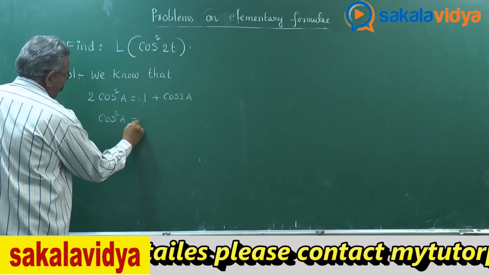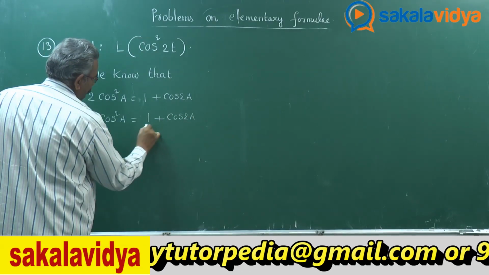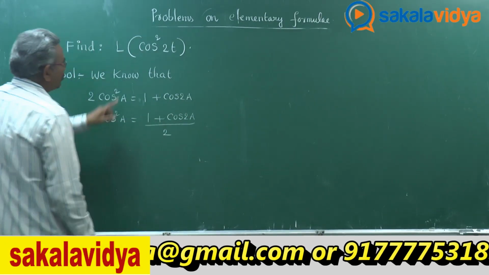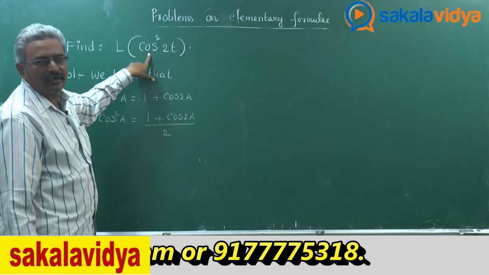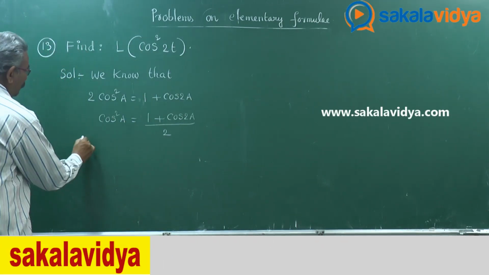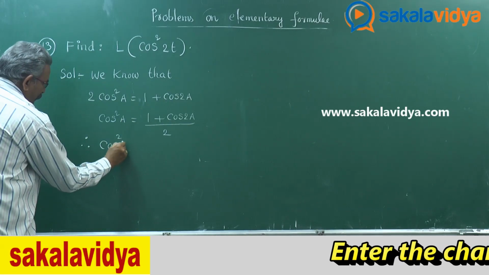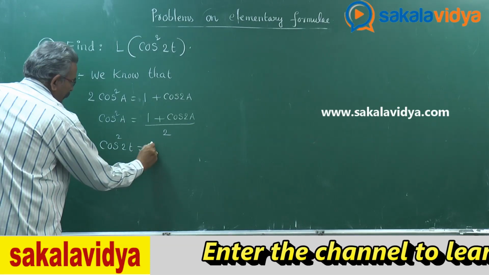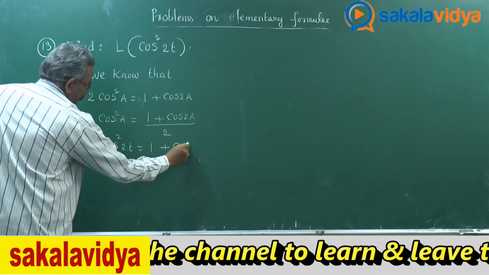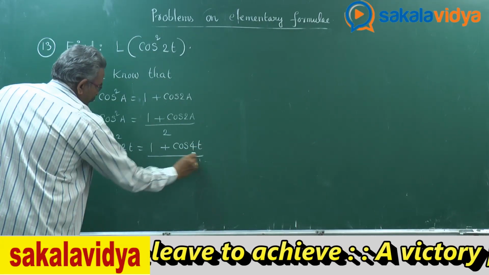Cos square a equals 1 plus cos 2a divided by 2. But we need the value of cos square of 2t. That means instead of a, replace 2t. Therefore cos square 2t can be written as 1 plus cos of 2 into 2t, that is 4t, by 2.